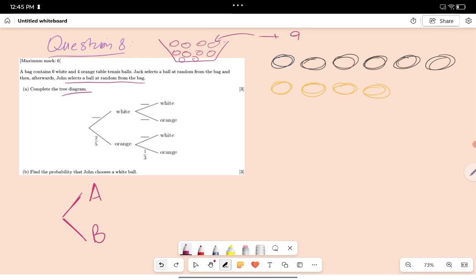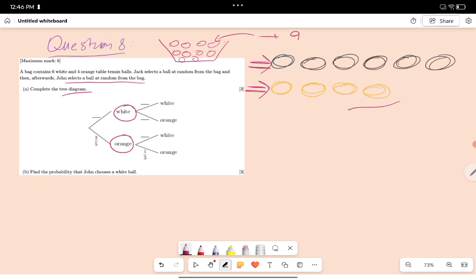So in this case, we want to have a look at the tree diagram of John taking these balls out of the bag. So he can either grab a white ball or an orange one. Do we agree? Because we have white ones and orange ones. Those are the 2 options. So what is the probability that he gets an orange one?